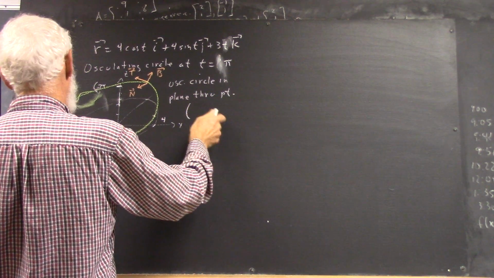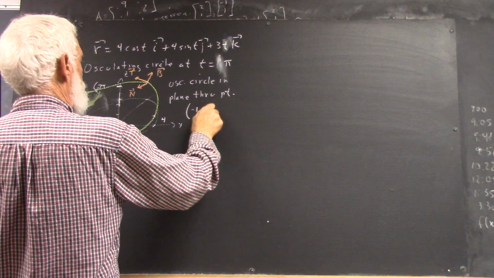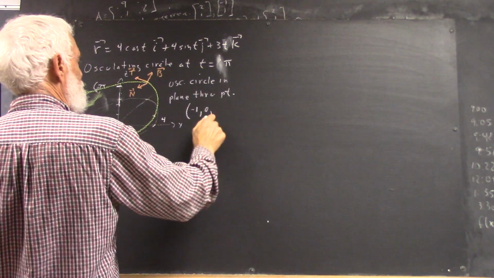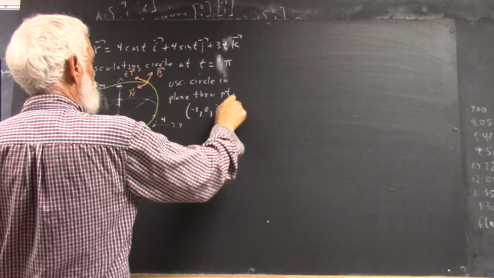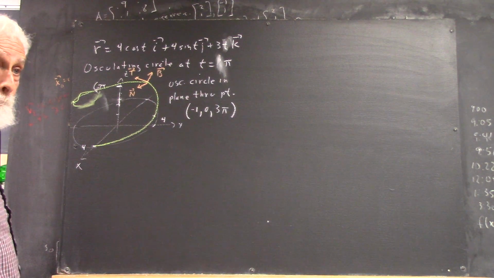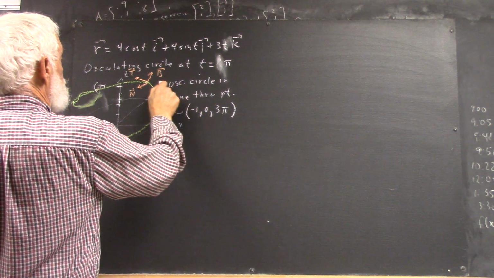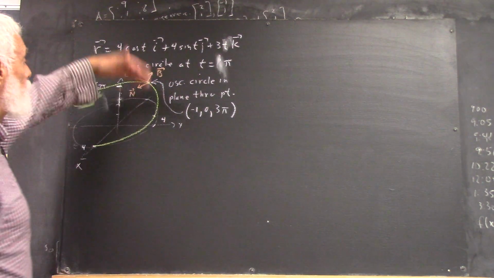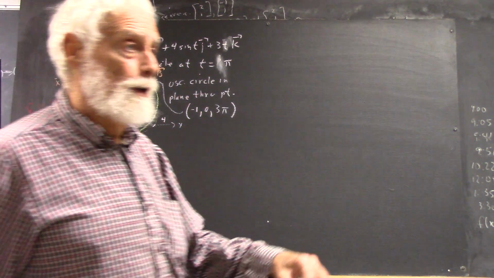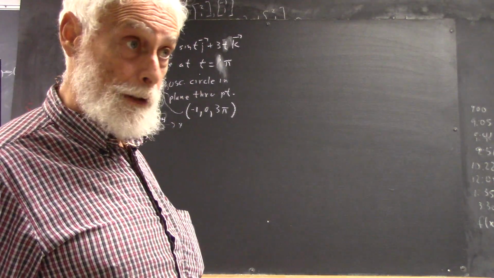So what's the point? x is -1, y is 0, and z is 3 pi, right? And that is this point. There's our coordinate system. That's temporarily the coordinate system in which we're moving, right?